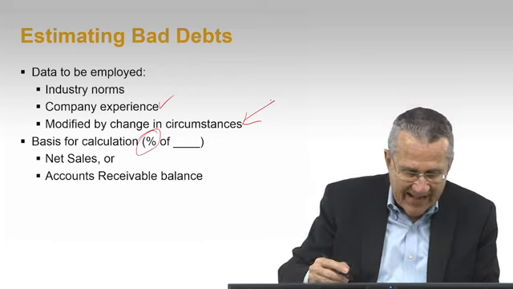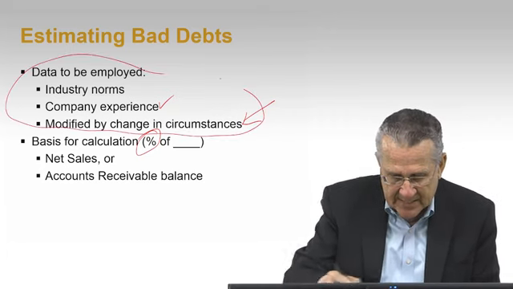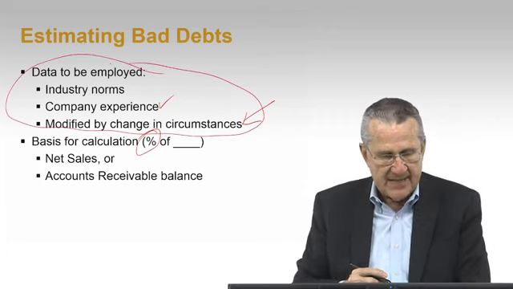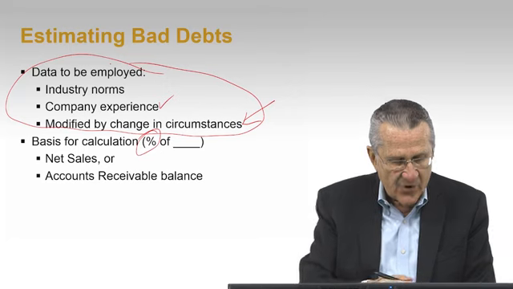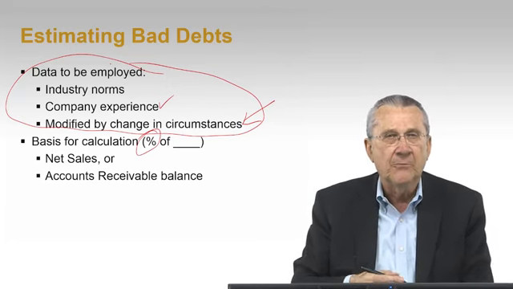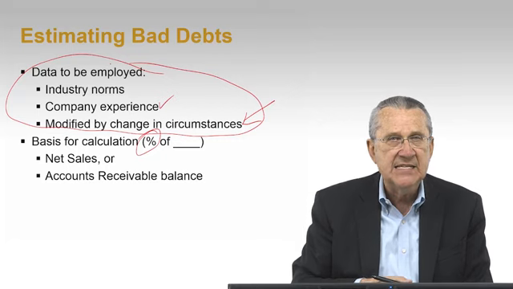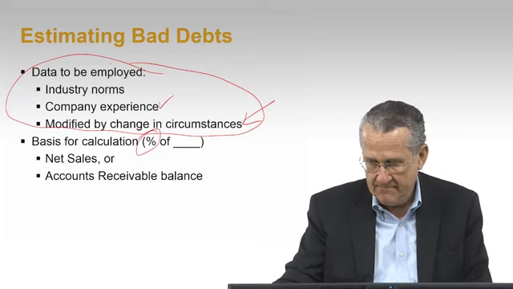Okay, so that's how you do it. You develop a statistic using those data. And the statistic is typically a percentage of either net sales or a percentage of the accounts receivable balance.